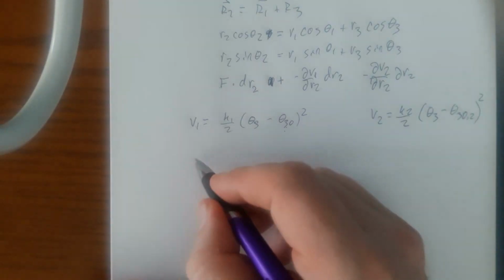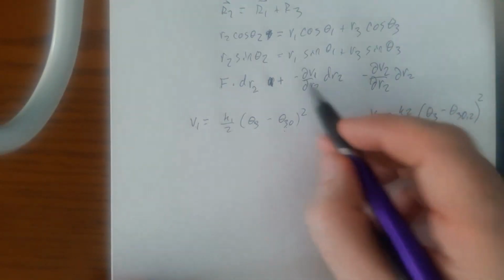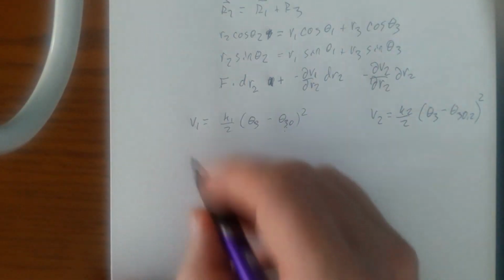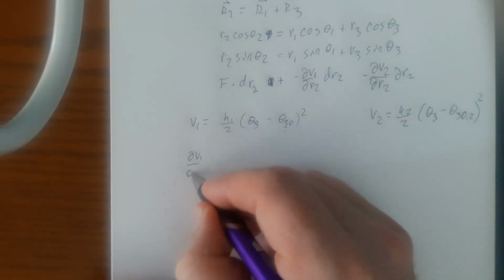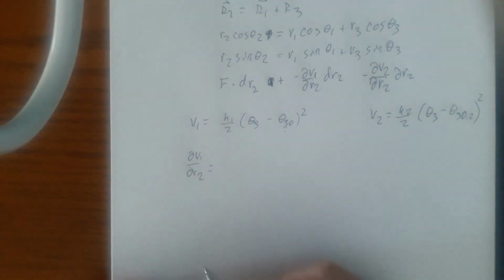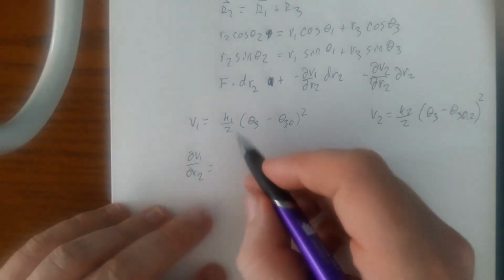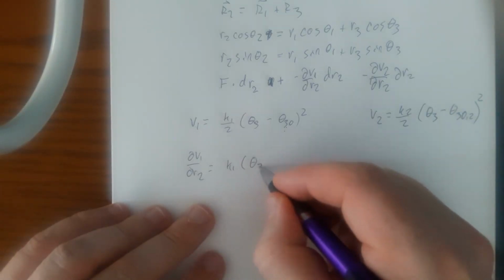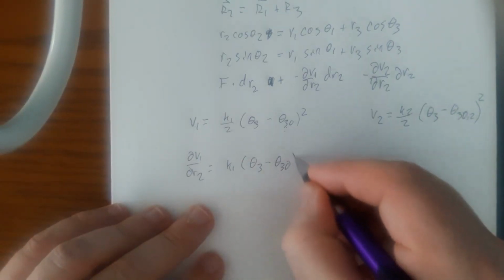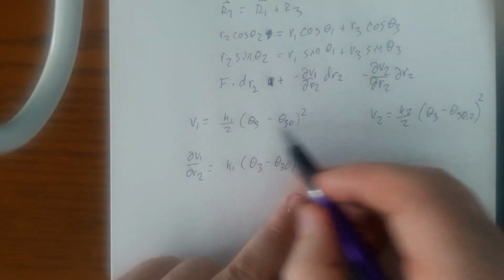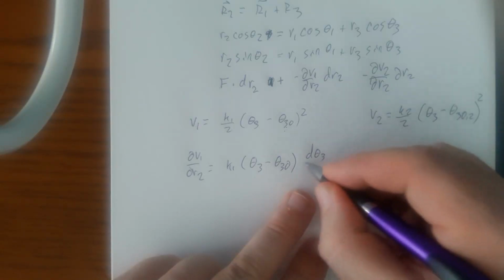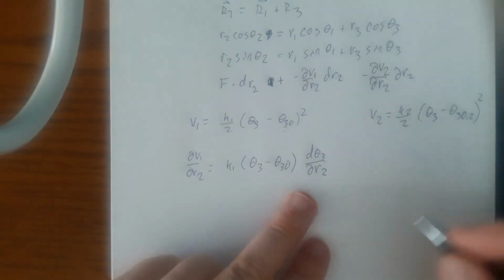Okay, so what we're going to need in order to find what this term dV dr2 looks like is to take the partial derivative of V1 with respect to r2. And so what we find is that's going to give us K1 times theta 3 minus theta 3 naught, and then we'll have the derivative of this with respect to r2, so d theta 3 dr2.